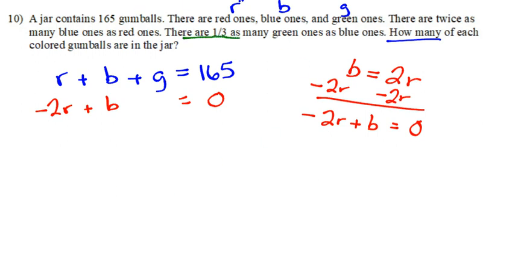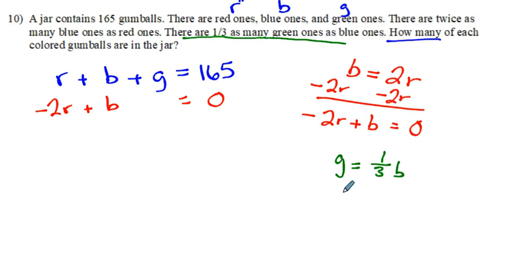In the last statement, there are 1/3 as many green ones as blue ones. So the amount of green ones is 1/3 the number of the blue ones. 1/3 as many greens as blues. Okay. So blue might be a large number. We're going to take 1/3 of that, and it will tell us the green ones. One thing we could do is multiply both sides by 3.